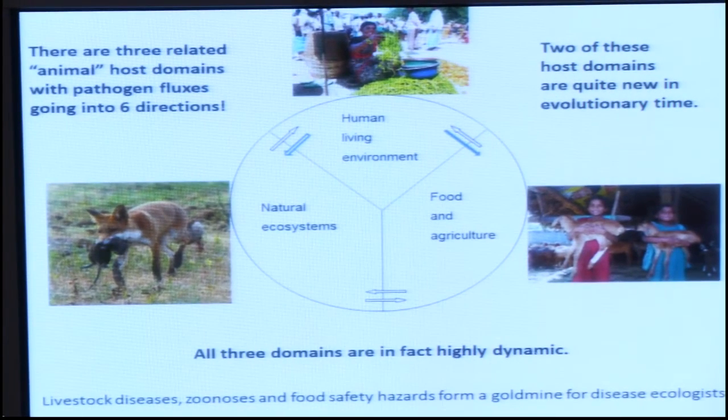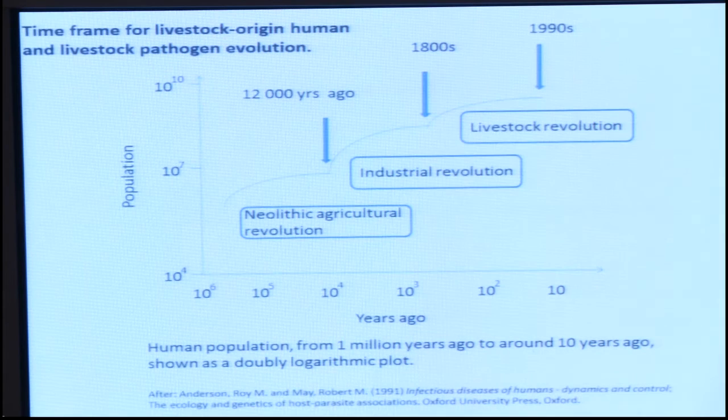Now, we spent quite a bit of time already on wildlife and ecosystems. Let's have a look at the farming landscape. I believe there are good reasons to believe that livestock pathogens are very exciting and highly dynamic. There are good reasons for this. Livestock pathogens are in fact rather new.